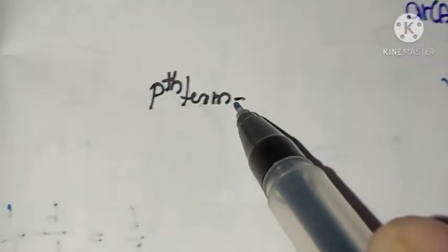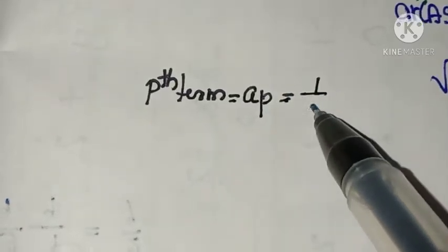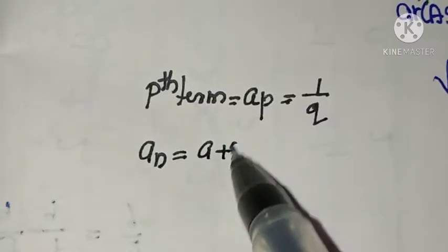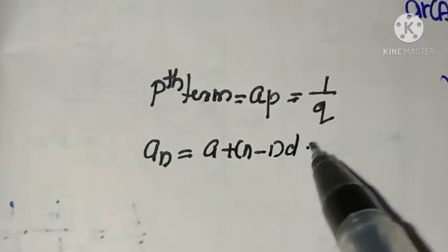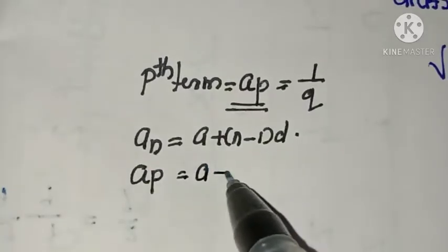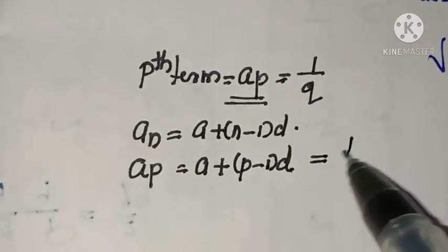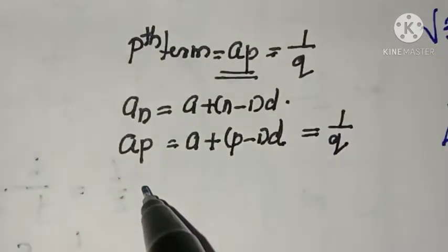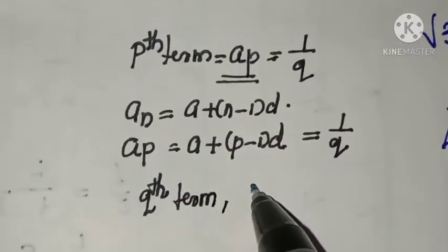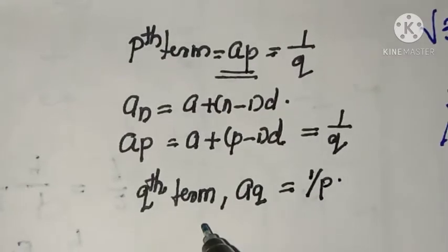The pth term, that is ap, is given. ap is equal to 1 by q. What is an? an is a plus n minus 1 into d. So ap is equal to a plus p minus 1 into d. This is given as 1 by q. Then the qth term can be written as aq. aq is given as 1 by p.